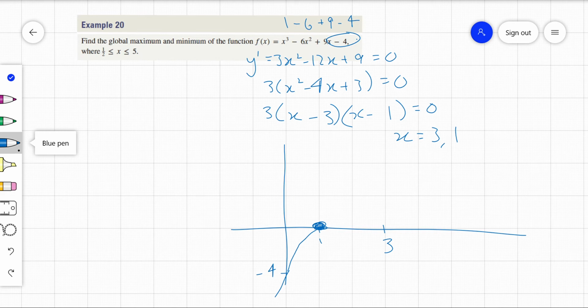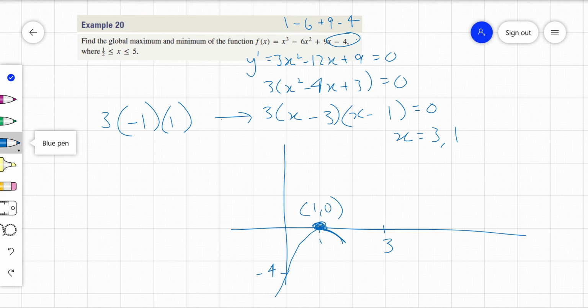When I put 2 into y dash, I've got 3 times minus 1 times 1, so I'm going to get a negative. So I know it's decreasing. So I know that that point, 1, 0, is a local maximum stationary point.